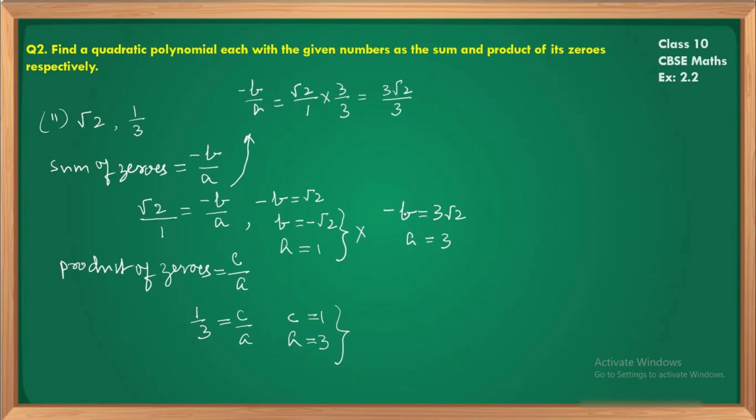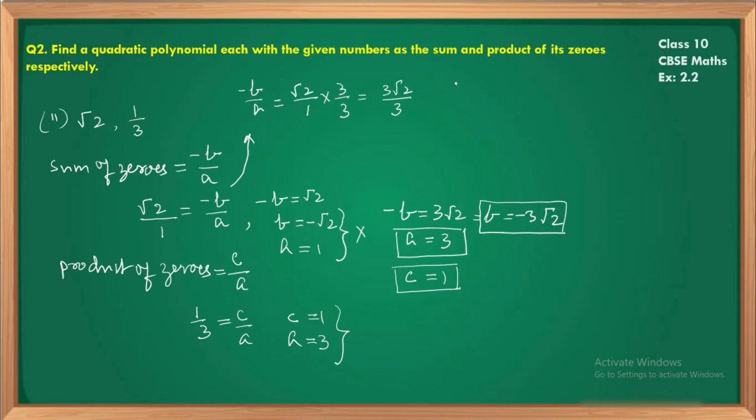In this case, b is equal to minus 3 root 2. This is one value of b and this is a value. And finally, you have a is 3, b is equal to minus 3 root 2 and c is equal to 1. So we have three values.